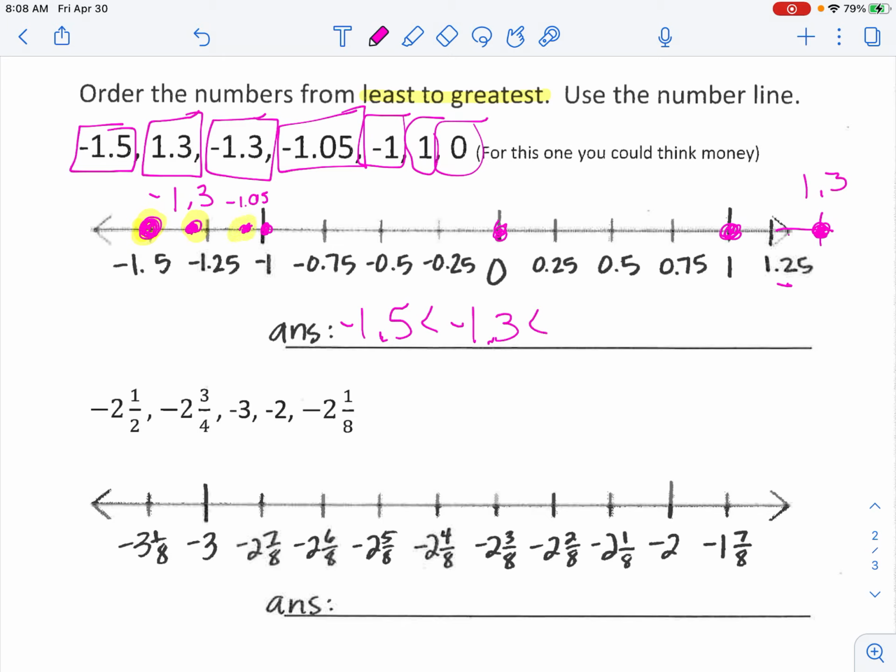The next number I see is negative 1 5/100, and then negative 1. Keep moving to the right. Is less than 0, is less than 1, is less than 1 3/10.